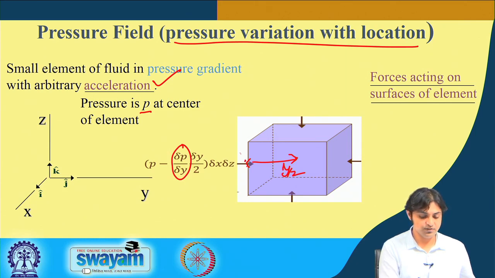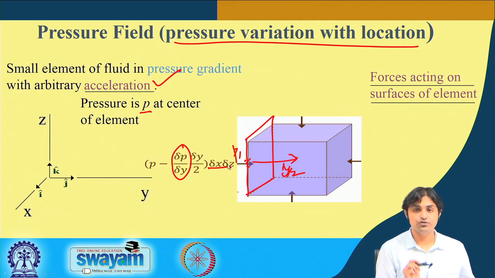So this is going to be P1, for example. Here P1 is P minus delta P by delta y into delta y by 2, and it should be multiplied by the area. This is a 3-dimensional element, so this area is delta x into delta z. So this is the force on this side.